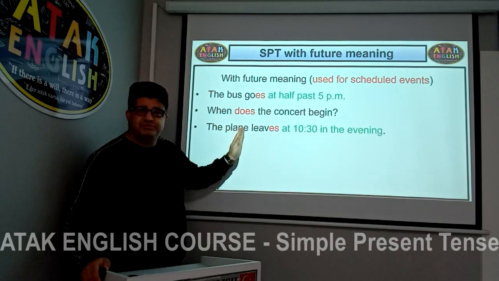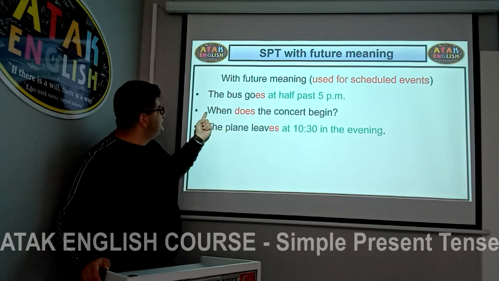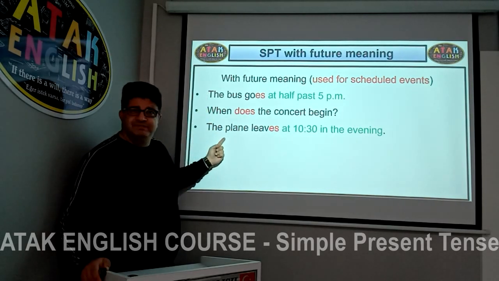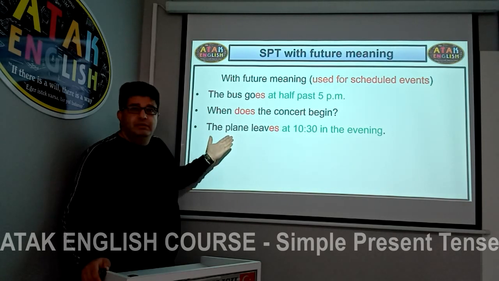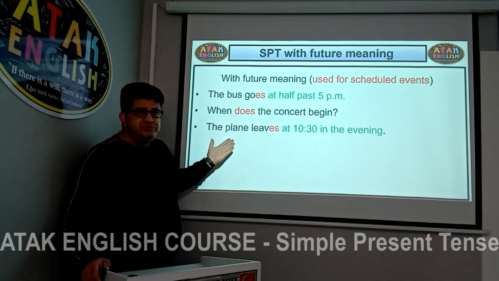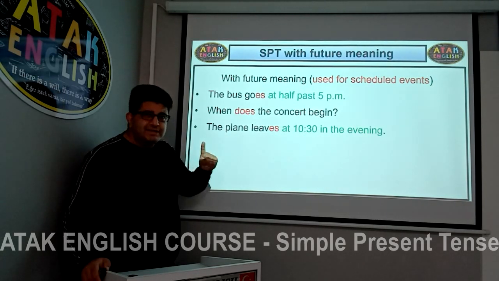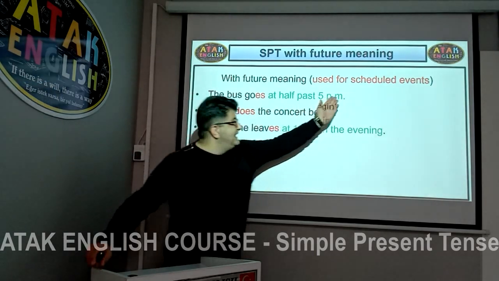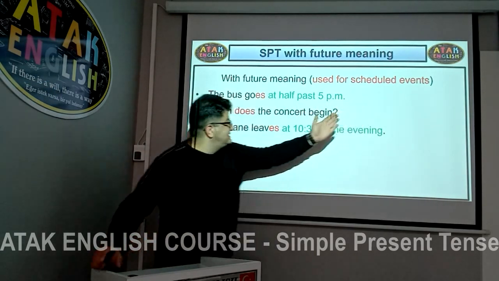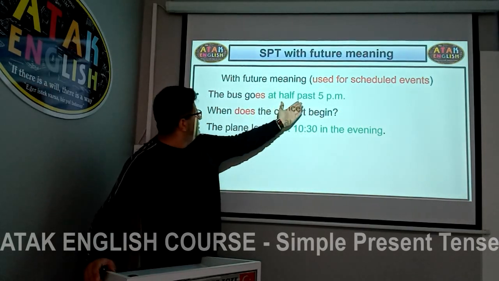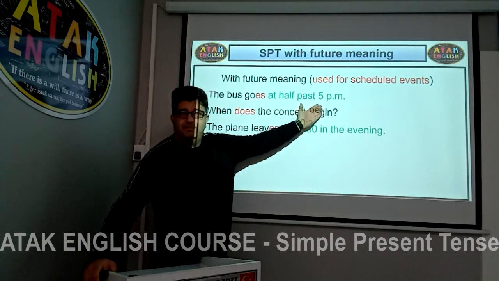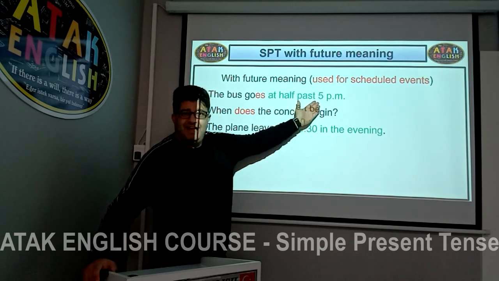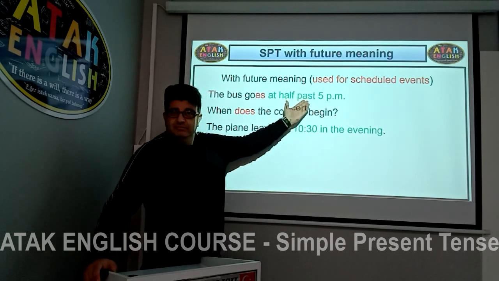Here, among these three examples, one question, two affirmative sentences. These sentences are talking about the future time. But because they talk about scheduled events, which is bus goes at 5:30. The bus has got a schedule.